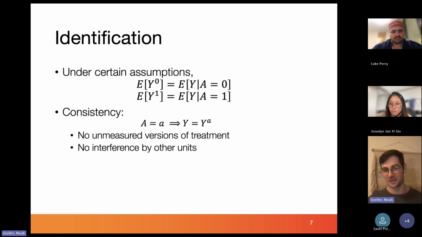Another important way that consistency could be violated is when there's interference by other units, which is to say that the treatment status of other patients around the patient in question affects their potential outcome. This is highly relevant in infectious disease, where the vaccination status of the people around an individual affects the effect of whether they are vaccinated or not.